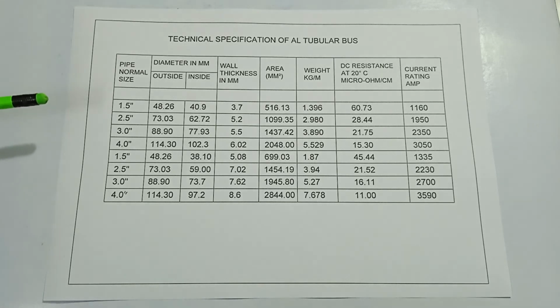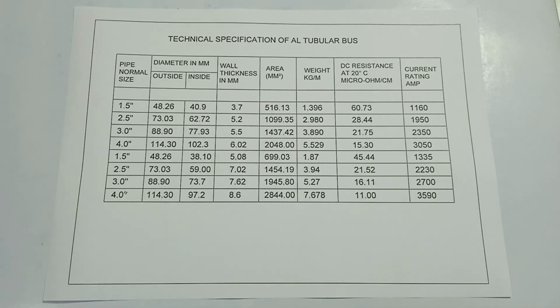The weight in kg per meter is also different. The first one 1.396 kg per meter, second 2.980, third 3.890, fourth 5.529, again 1.87, 3.94, 5.27, 7.678.